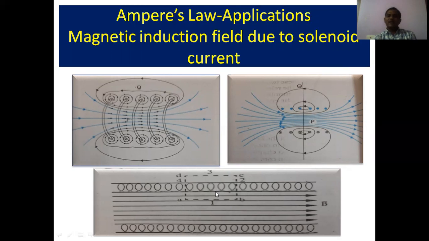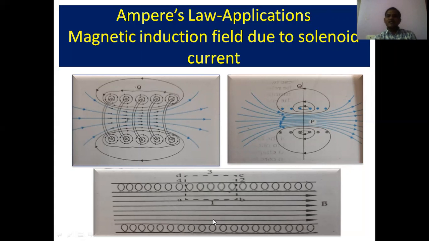To find the magnetic induction field on the surface of the solenoid, just imagine a rectangular shaped closed curve, that is ABCD. AB path 1, BC path 2, CD path 3, DA path 4. So this is a rectangle shaped closed path, right?